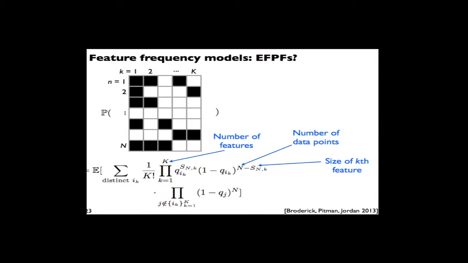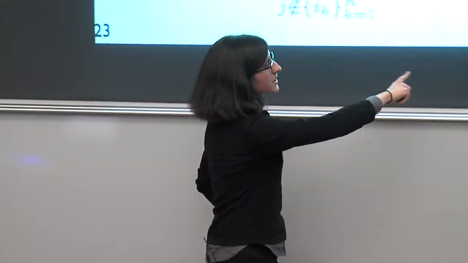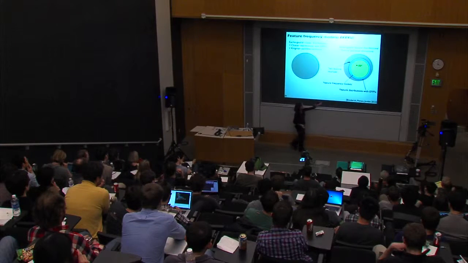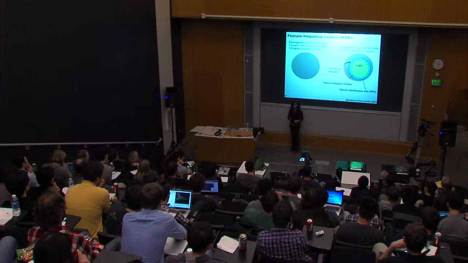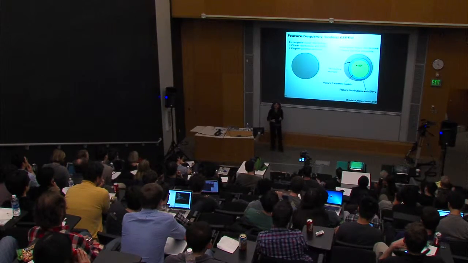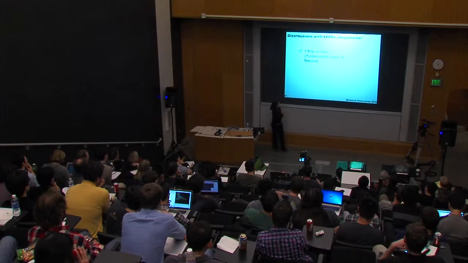And it's a function of the number of data points, but that's fine. And so this can be expressed in exchangeable feature probability function form. And so we know that if I have a feature frequency model, then I must have an EFPF representation. What about the other direction? If I have an EFPF, do I have a feature frequency model? Well, in the interest of time, I'll just cut to the punchline and say, yes, in fact, I do.